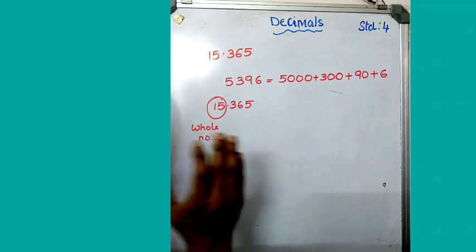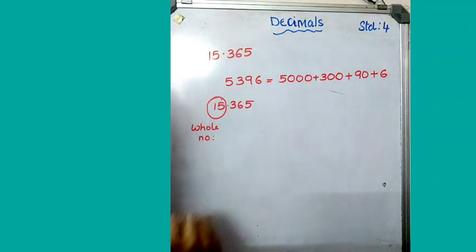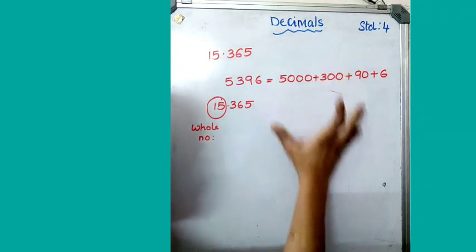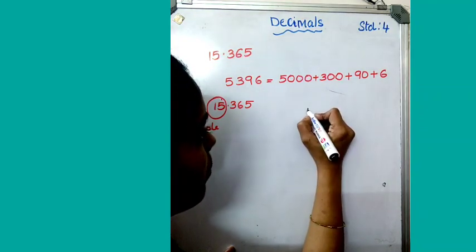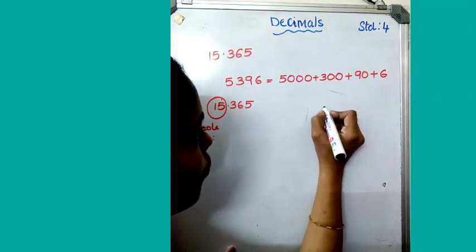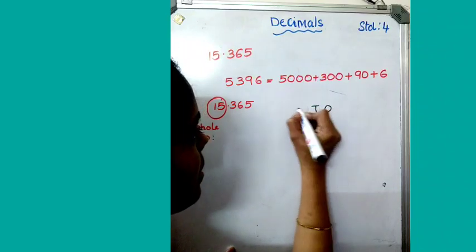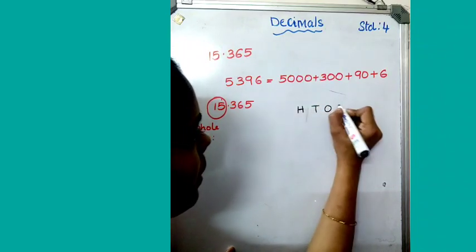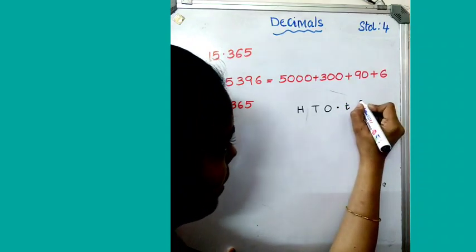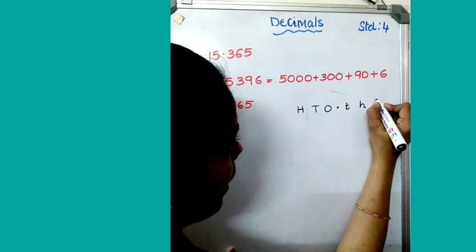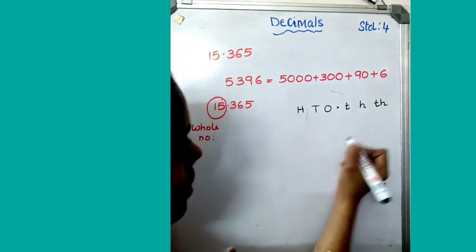For this, you have to understand the place value chart. How does the place value come? Whole number, that is ones, tens, hundreds. Then comes the point, then the 10th place, then the 100th place, and then the 1000th place.